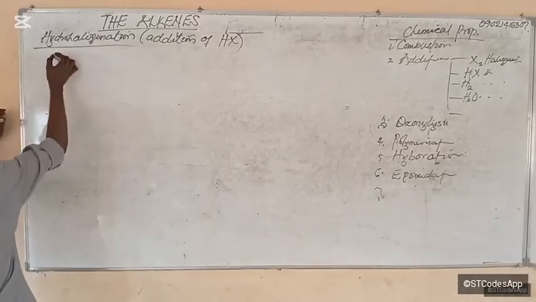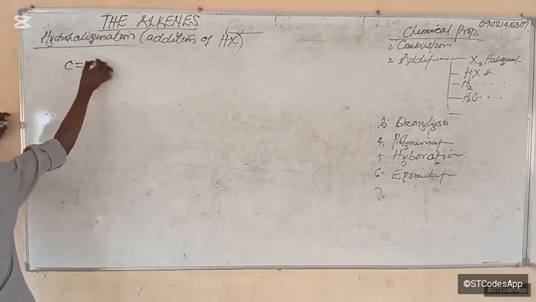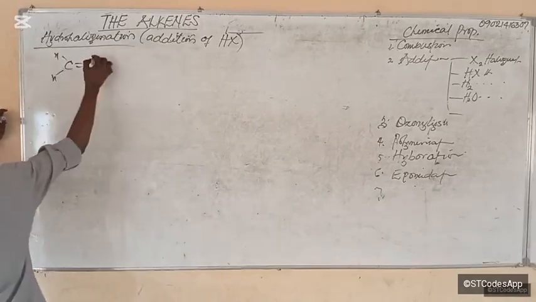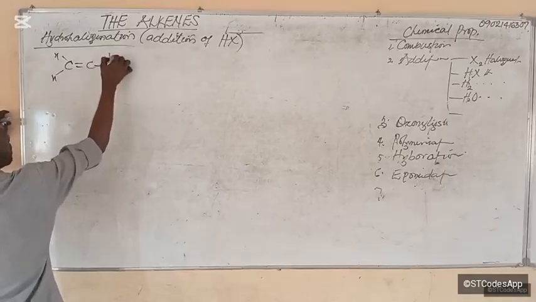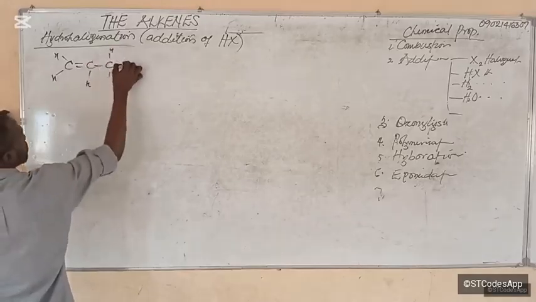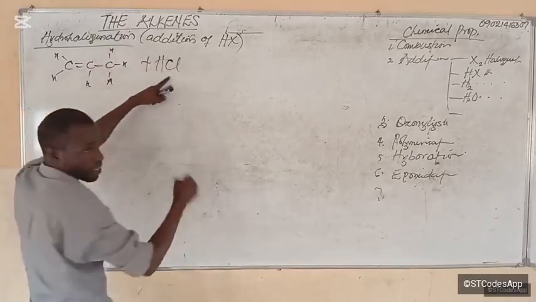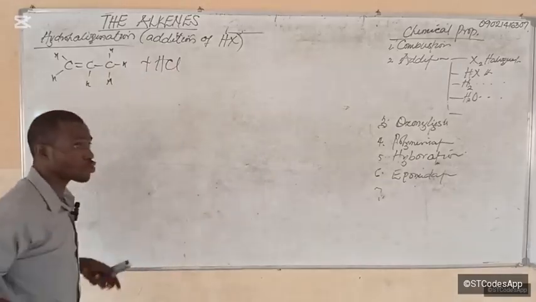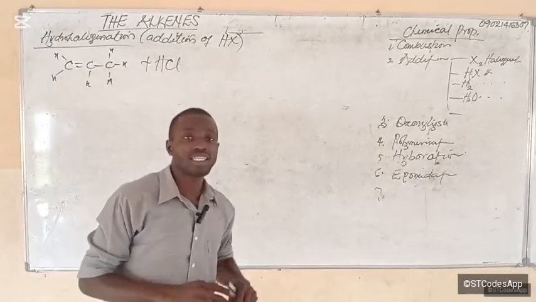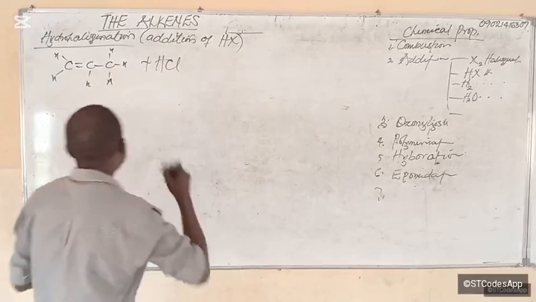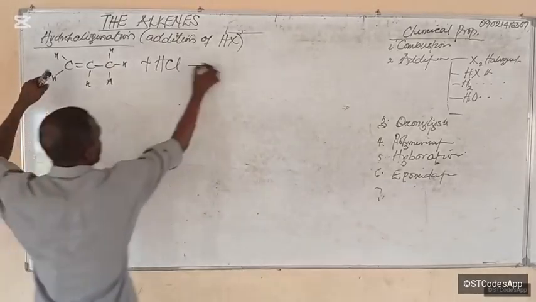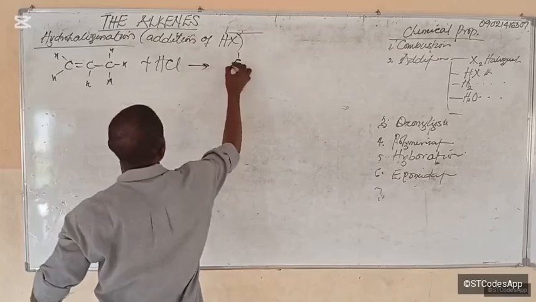So for example, let me still choose my propene, okay? Now what will happen if I add my hydrogen halide, for example? They are going to add, and the conformation is arbitrary. They can either add up like this, and give you this.